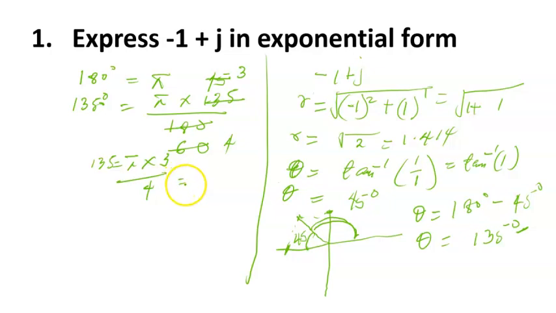Now let's use our calculator. Pi is 3.14 times 3 divided by 4.